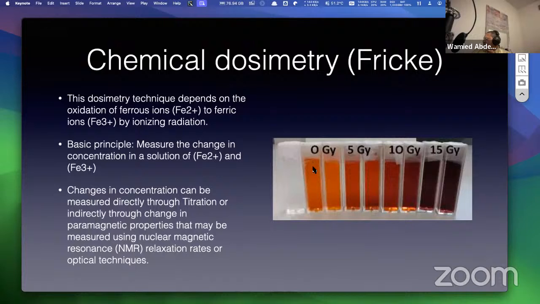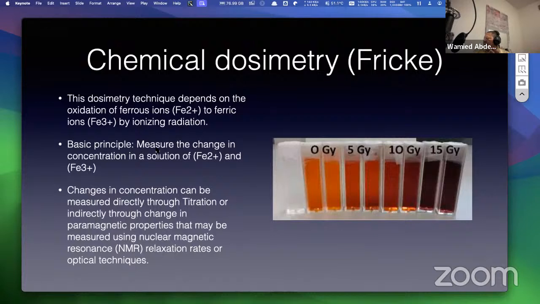And let's find a way to measure the concentration of Fe2+ and Fe3+ in that solution. Once we irradiate the dosimeter, some of these Fe2+ are going to be converted to Fe3+. So all we need to know is the change in this concentration.